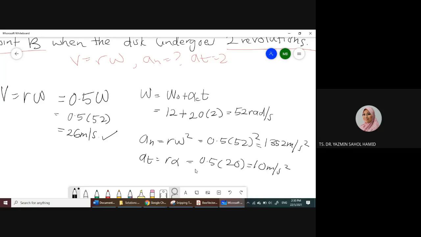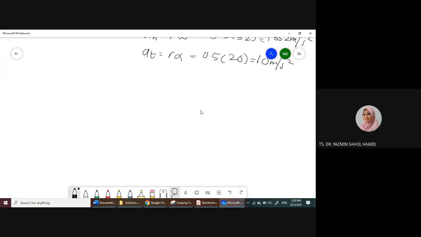Okay, can we proceed? Yeah. Okay, now question number B. Determine the magnitude of the velocity and the N and T components of point B when the disk undergoes 2 revolutions.